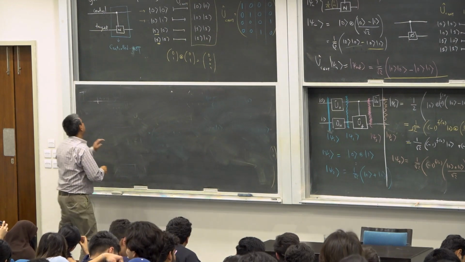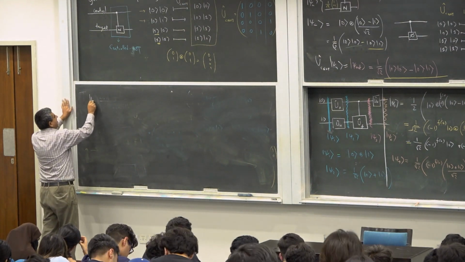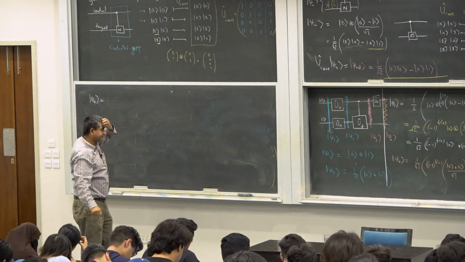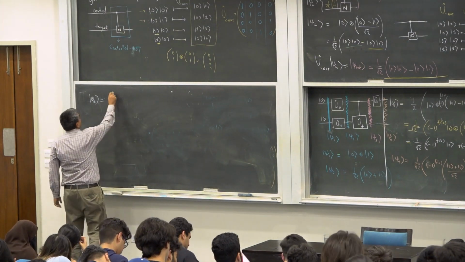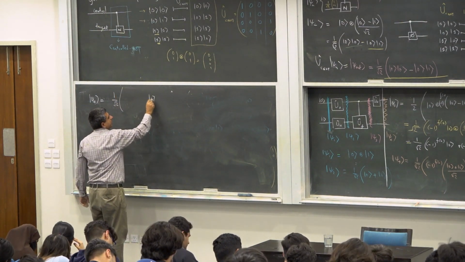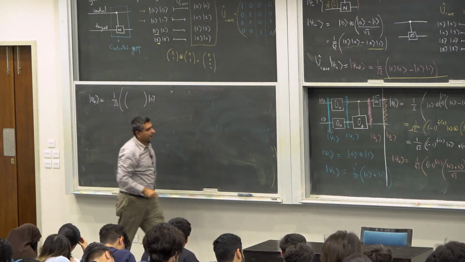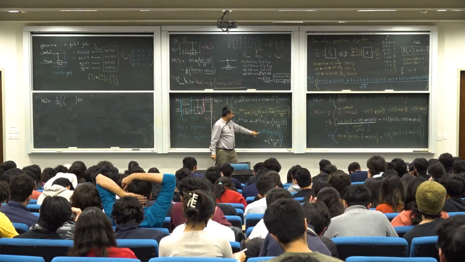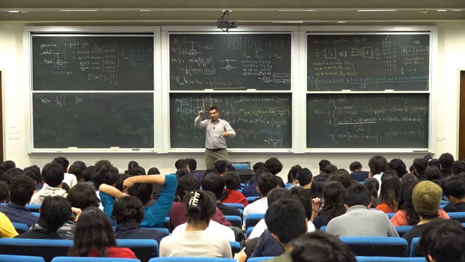So psi 4 is going to look like the following. 1 over under root 2, ket 0. The coefficient of ket 0 is minus 1 raised to power f of 0 and minus 1 raised to power f of 1.